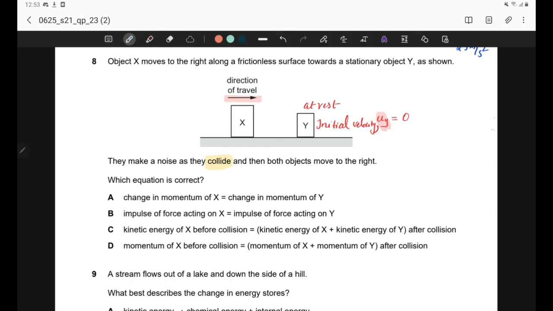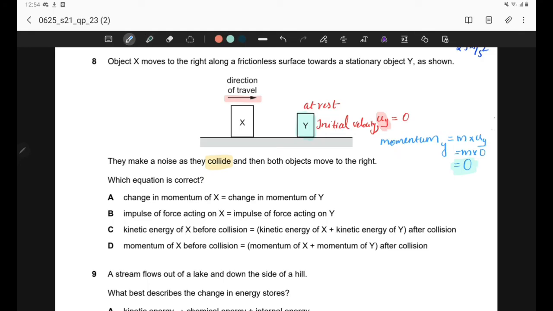As the velocity of Y is 0, its initial momentum also will be 0, as momentum is the product of mass and velocity, where velocity is 0, so mass times 0, so we will get momentum as 0. So 0 is the initial momentum of object Y as it is not moving.